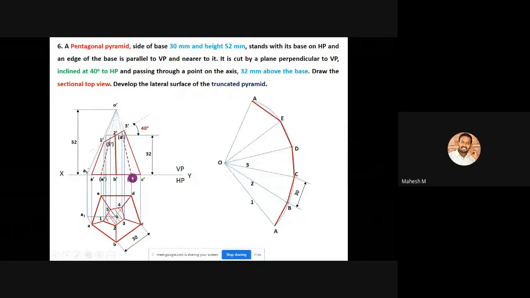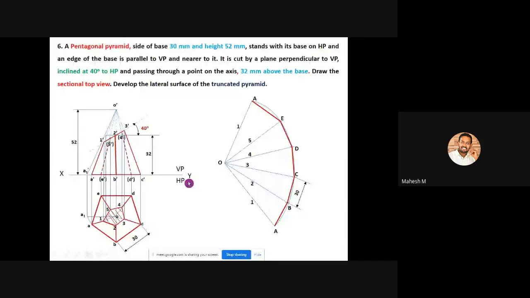So you can mark that particular point on O2D. Okay. Then finally, point number 5. So point number 5 is available on O2E. So here you can mark the point number 5. Okay. So after doing that, you can finally create point number 1.